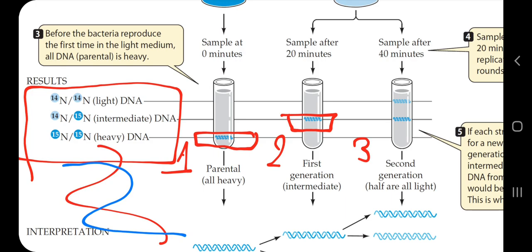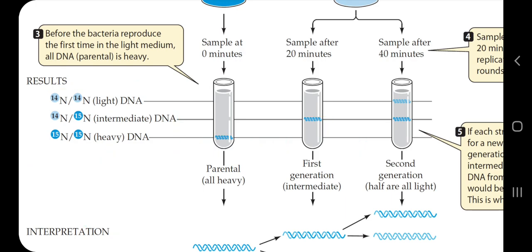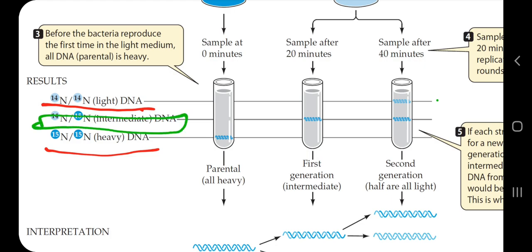So this is what is written here. Let me label one by one. First is 14N 14N. The third one is 15N 15N, and the middle one is 14N and 15N. So this is the experiment. If you get this idea, you will understand the whole experiment very quickly.